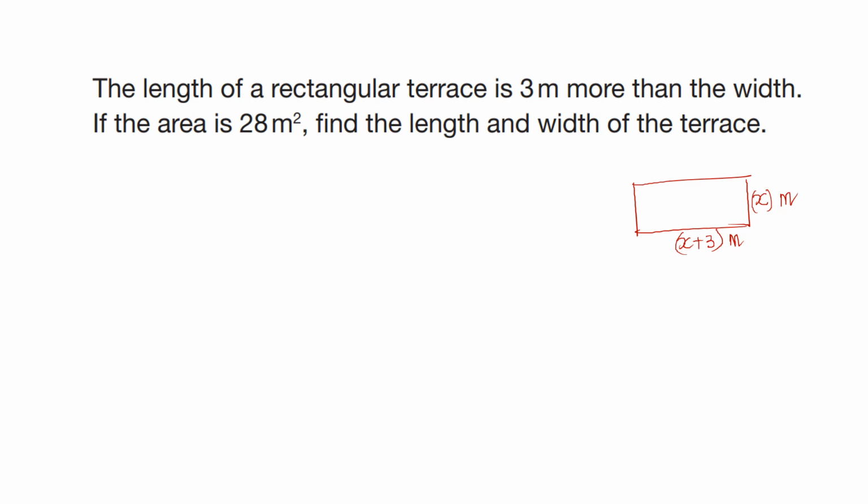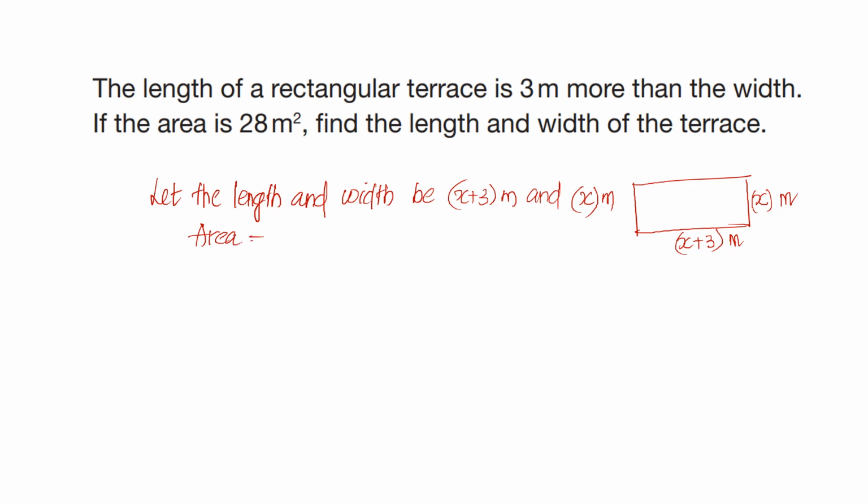Okay, and it is in meters. We need to find the length and width of the terrace if the area is given as 28 meters square. So let the length and width be x plus 3 meters and x meters. Now the area is given as length times width, right?